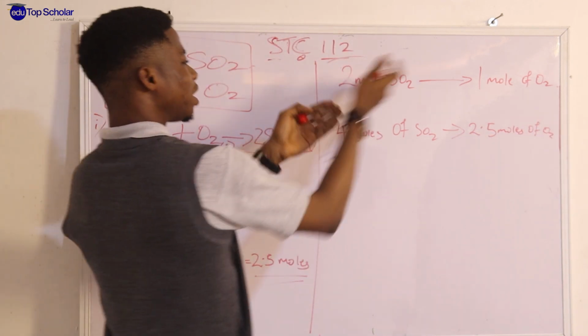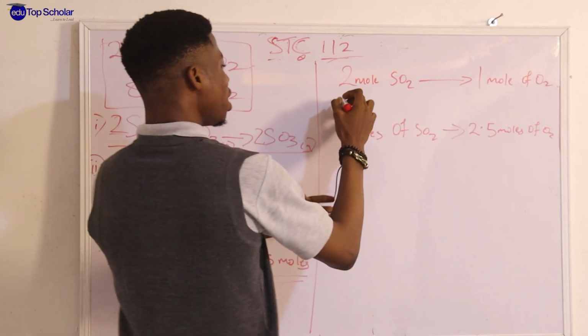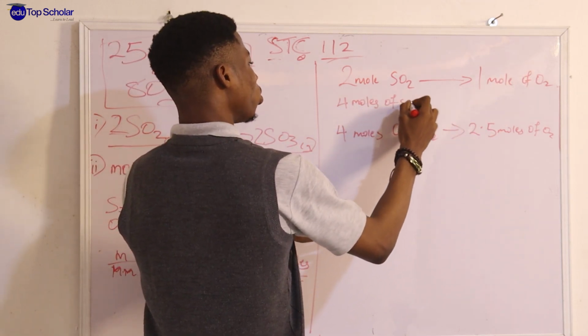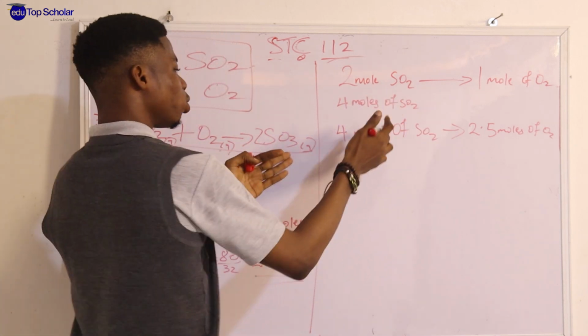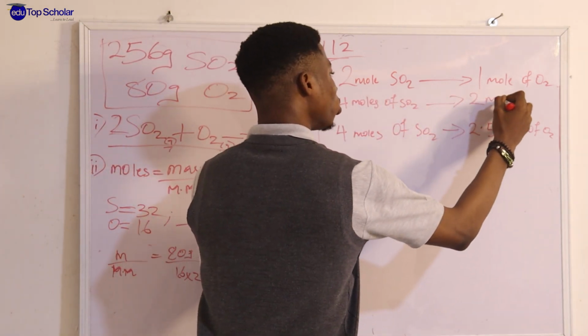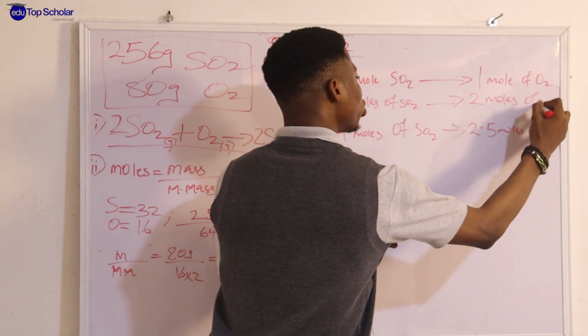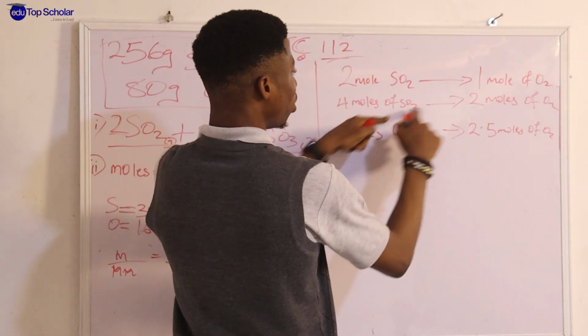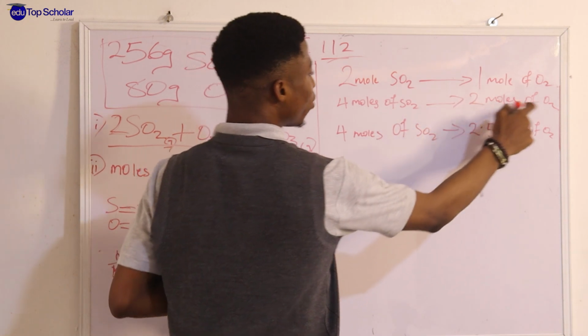So if we have 4 moles of SO2, it is going to require 2 moles of O2 to react.